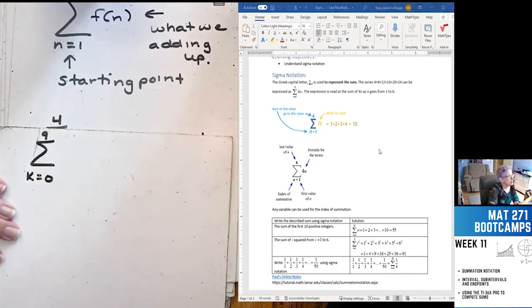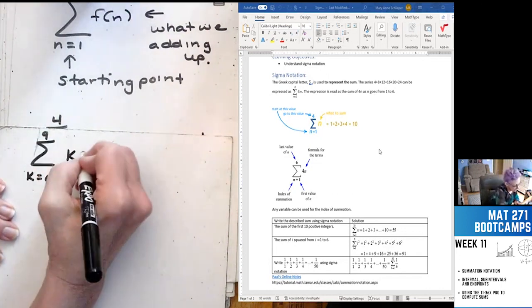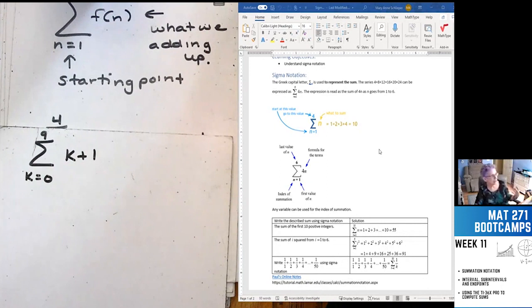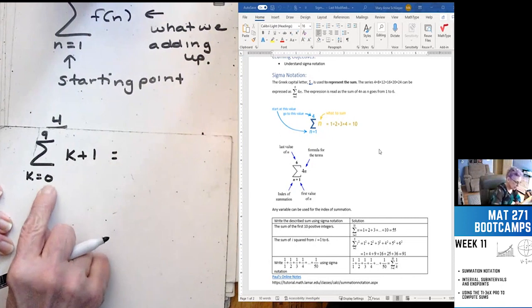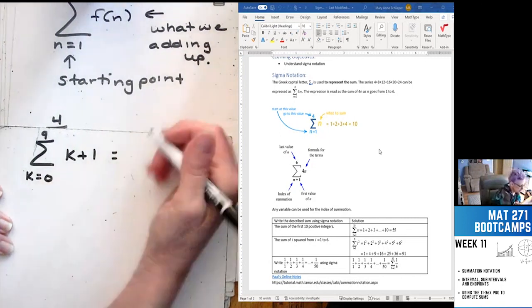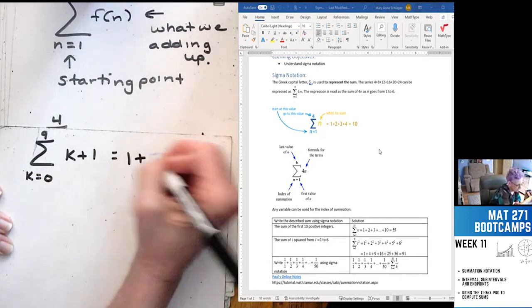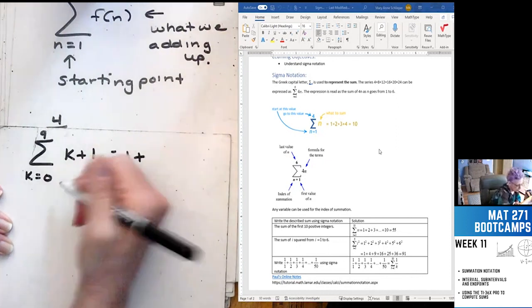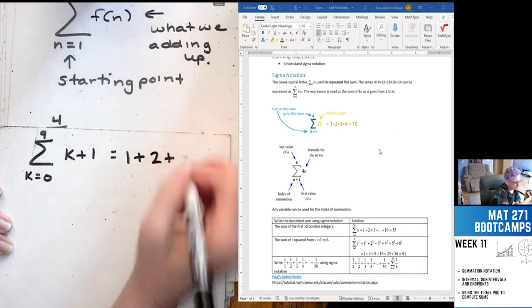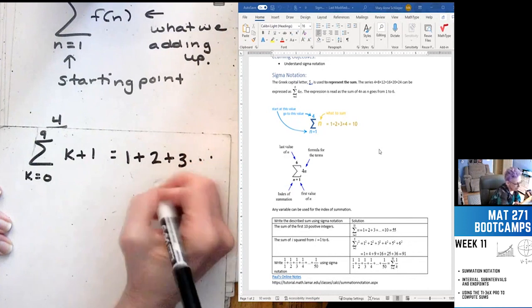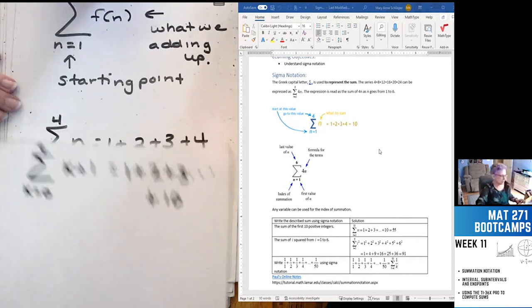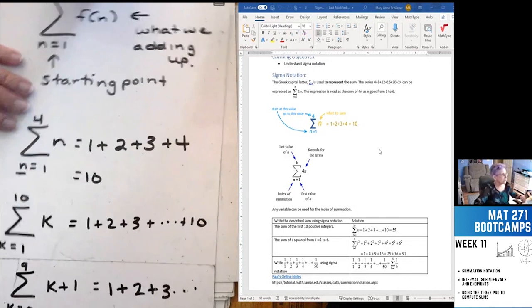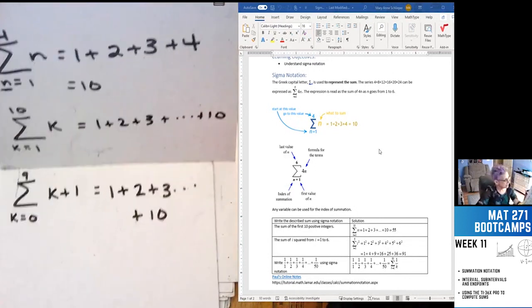Then my ending point would be 9, but I would need to type in K plus 1 for my function. And that would give me, when K is equal to 0, 0 plus 1, 1 plus 1, 2 plus 1, all the way up to 9 plus 1. So that's just another way of writing the same summation.